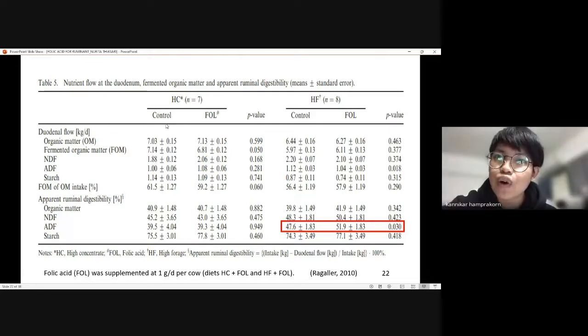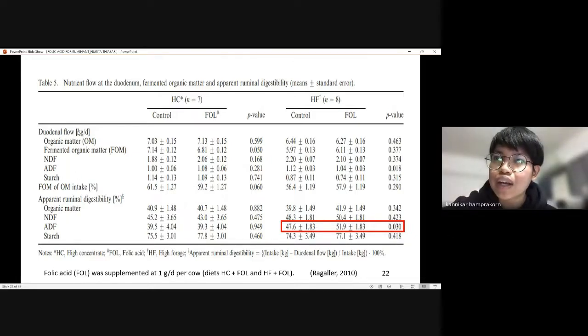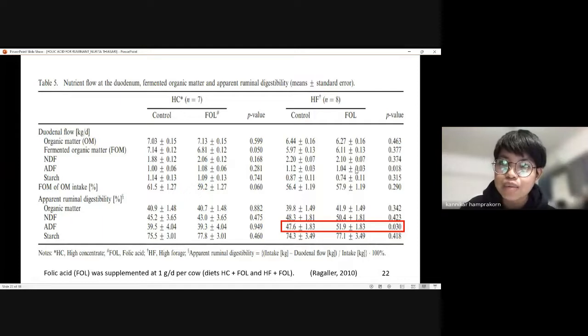The duodenal flow in ADF content, yes. For the HF treatment with folic acid, they have lower ADF than the control group, and they have a significant difference at 0.018. Could you see that? Yes. Could you explain a little bit why they have lower concentration of ADF in that group?